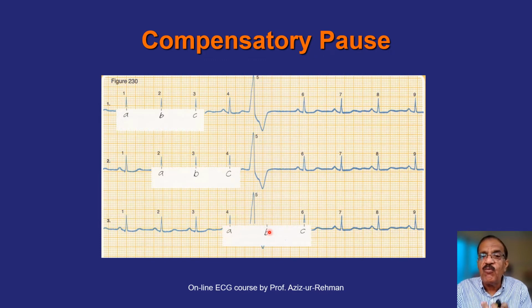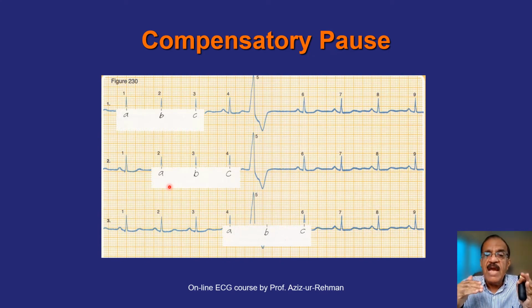Here a normal beat was expected, and this is the ventricular depolarization, and this C again corresponds to a normal beat. That confirms that this is a fully compensated PP interval. This we see in ventricular ectopics. In ventricular ectopics, we see a full compensatory pause.